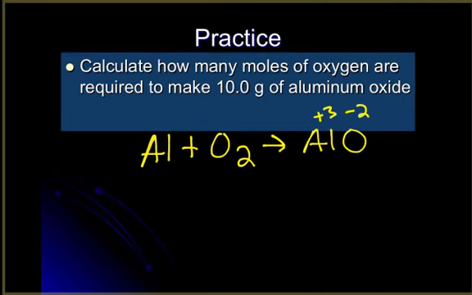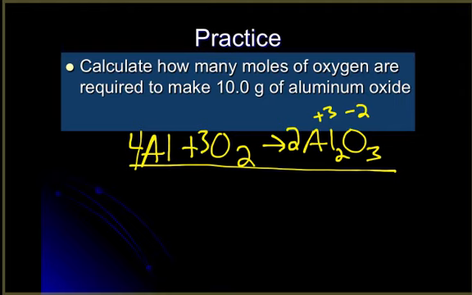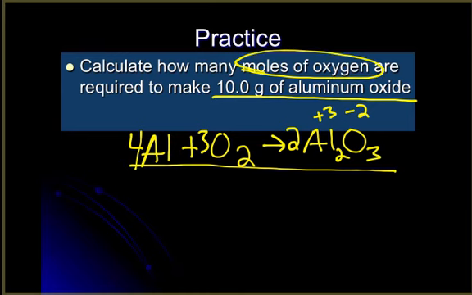Don't forget about your charges. And again, make sure you go back and balance your equation. We've done this so many times, guys. I'm not going to waste a whole lot of time with this. There's your equation. I read the question. Given and unknown. And now I can go through and solve.